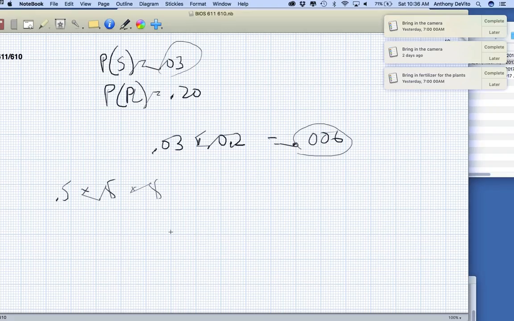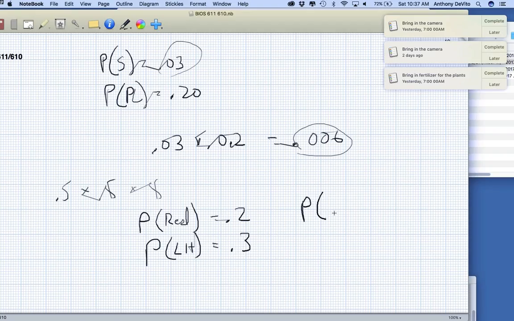If I tell you that the probability of having red hair is 0.2, and the probability of being left-handed is 0.3, and I tell you that I do a very large survey of a population, and I find that the probability of having red hair and being left-handed in that population is 8%.